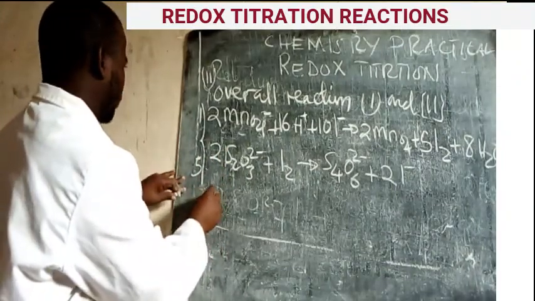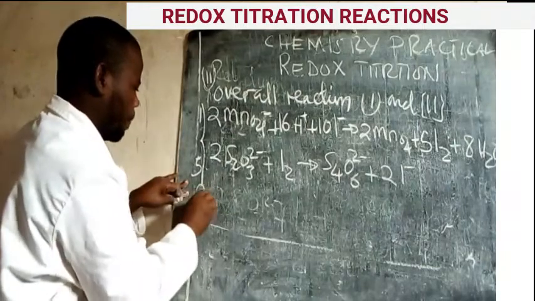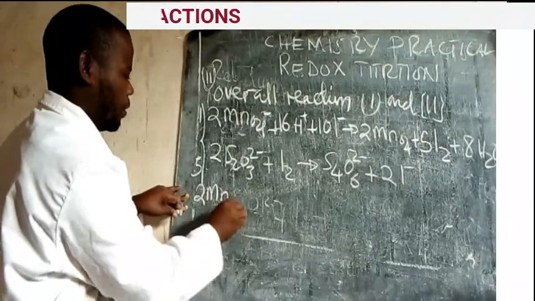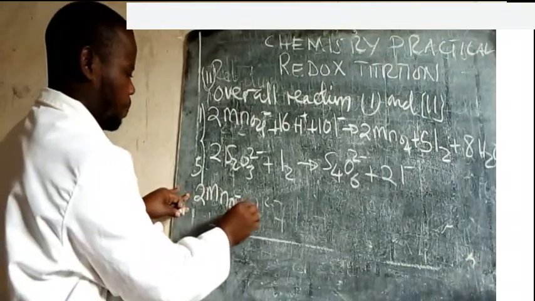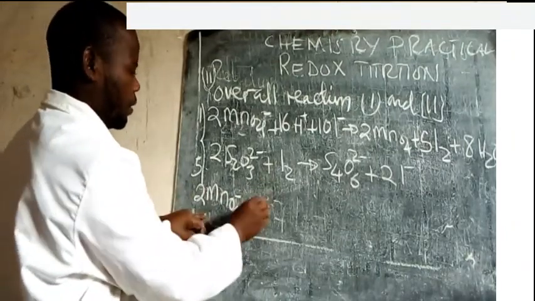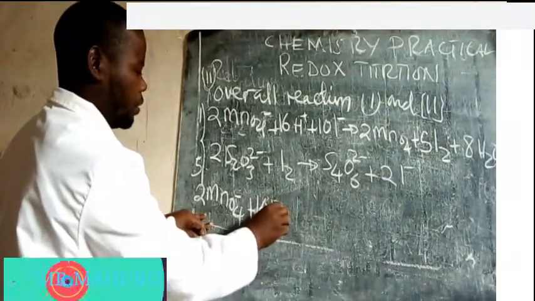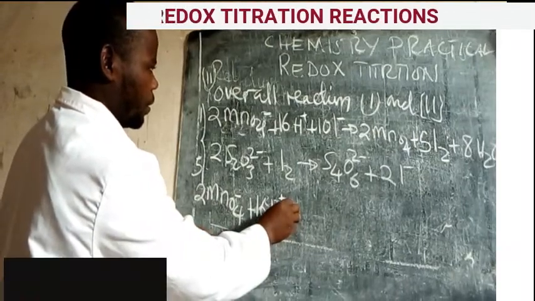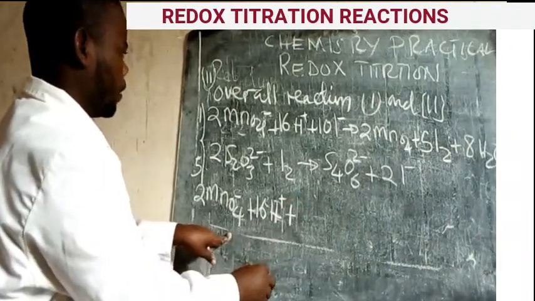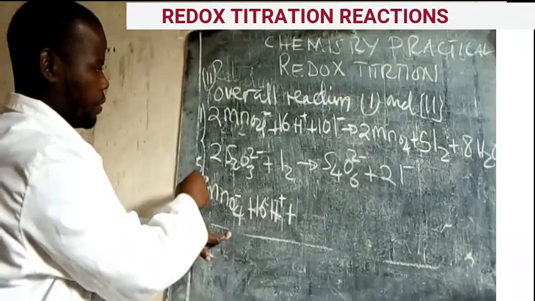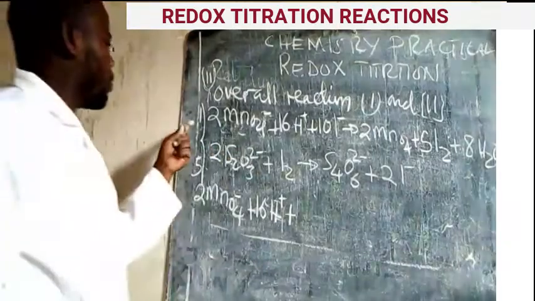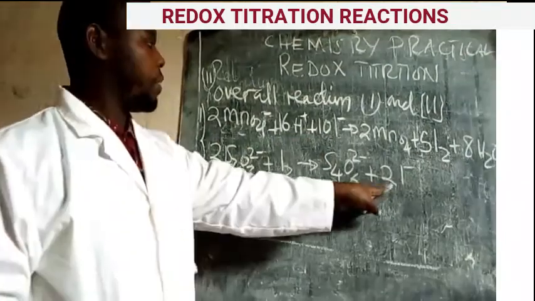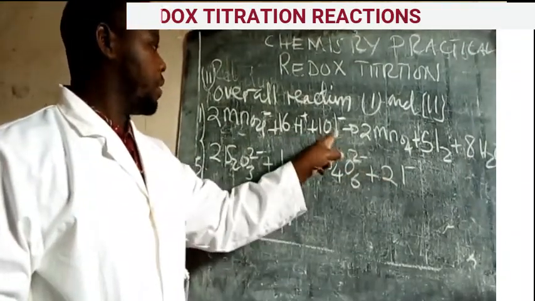So here we need this and this one, and we have to, with 16 hydrogen ions, react with, which means this one, when you look here, this is 10 and this will be 10. So this and this one will be cancelled.